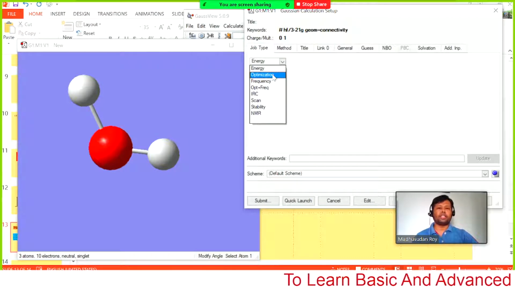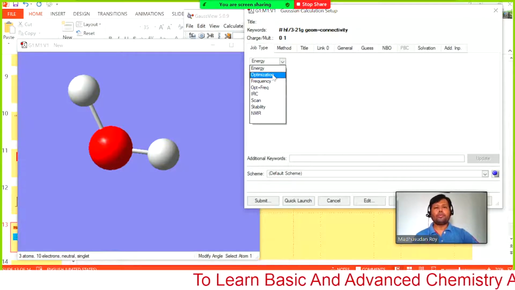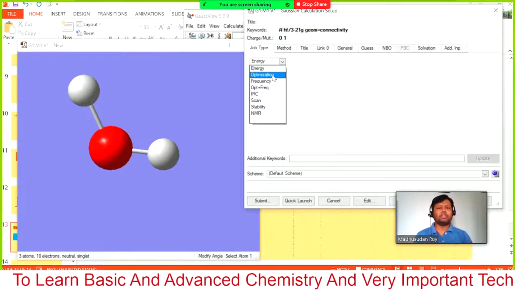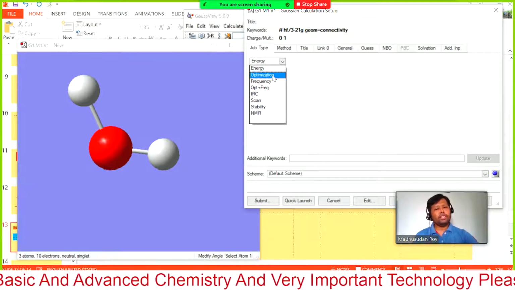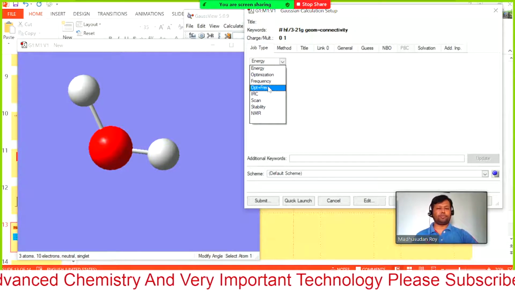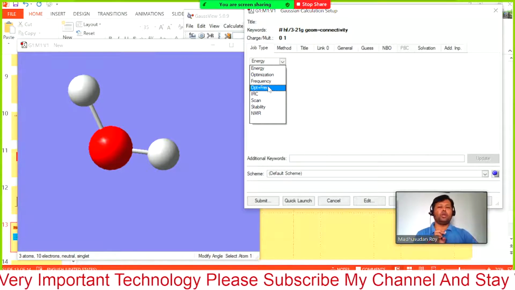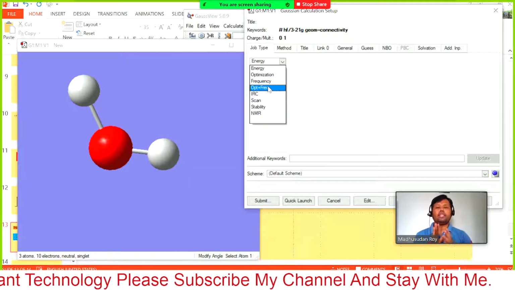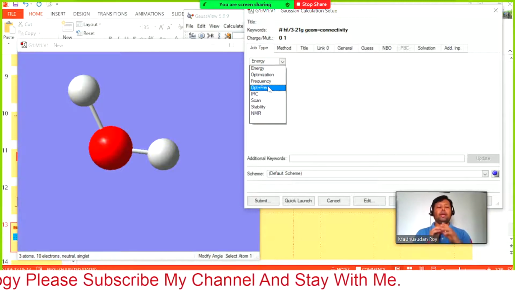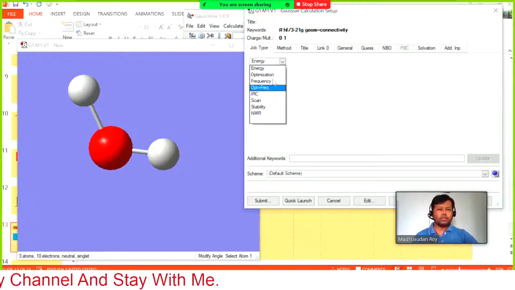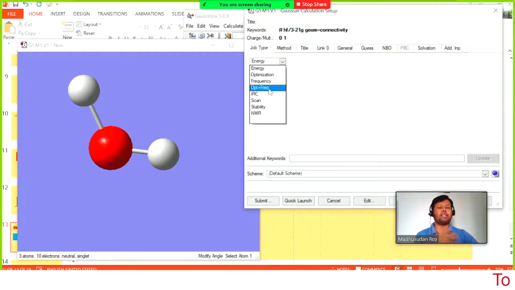That is our optimization. So I am going to use another keyword, that means optimization plus frequency. Later I will mention that one, but just now I am going to show you that we are going to optimize, or we are going to have the minimum energy structure of this molecule. So we can use either this one or this one, but I am trying to use this one because I have some other interest.